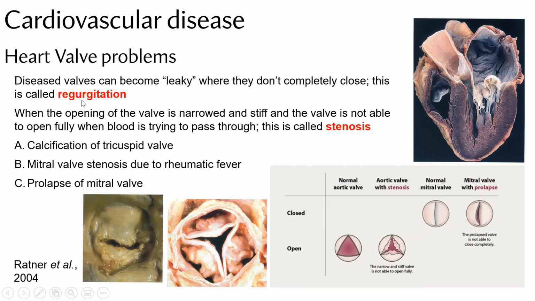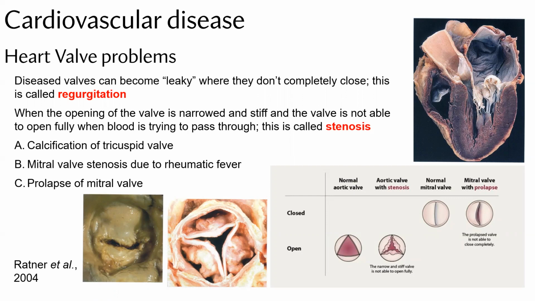So the first one is regurgitation, and it's good to know that when we're talking about heart failure, we're talking about the loss of efficiency or performance of the heart. When we're talking about valve failure or valve disease, we're talking about the valves also losing their performance, and their performance is to be very tightly regulating the blood flow.